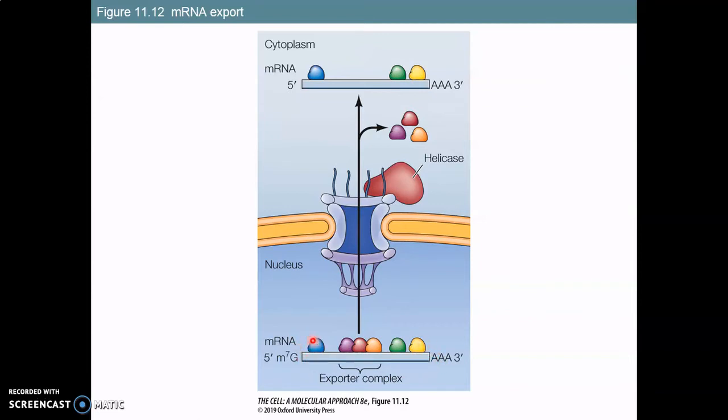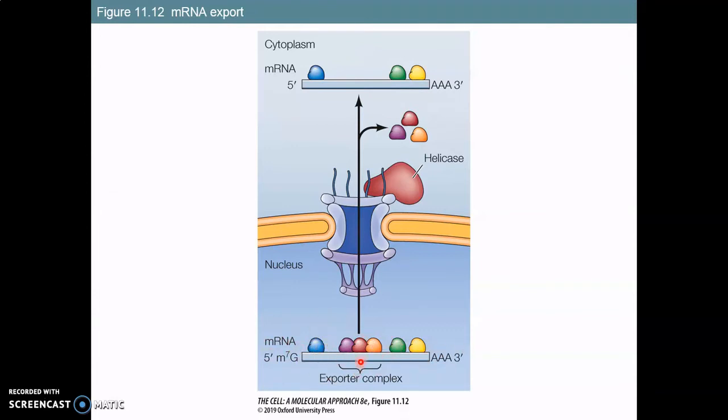There are specific proteins which associate with that 5' cap and the poly A tail. So these proteins act as a maturation marker. It just indicates that this messenger RNA has finished its processing and it is now ready to be exported out.